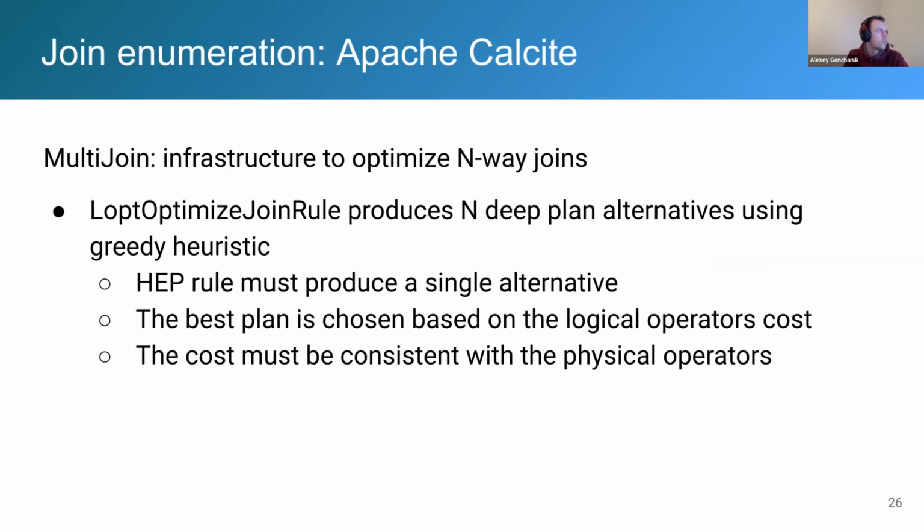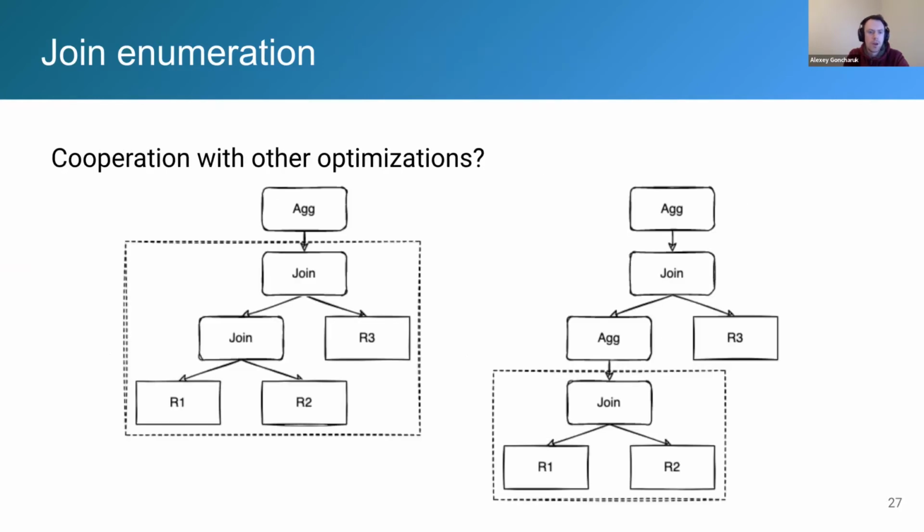One thing to note is that currently there are a few rules that employ multi-joins, and one of the interesting rules is LoptOptimizeJoinRule, which is essentially a greedy heuristic that produces alternative plans that are further used by Calcite in order to choose the best plan among them.